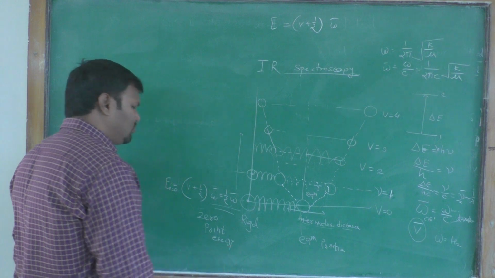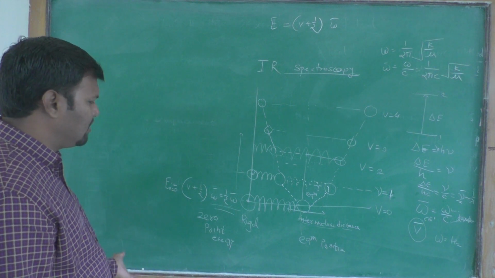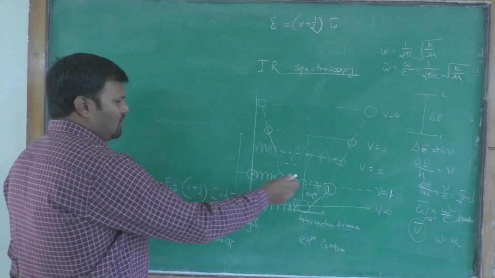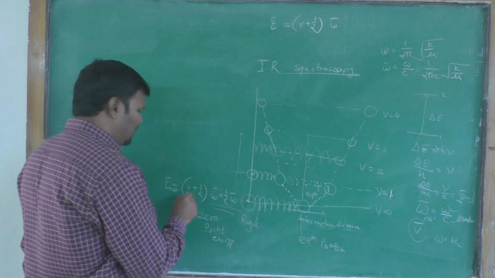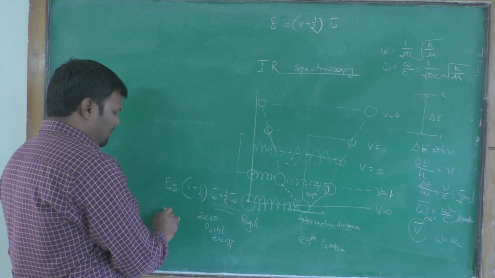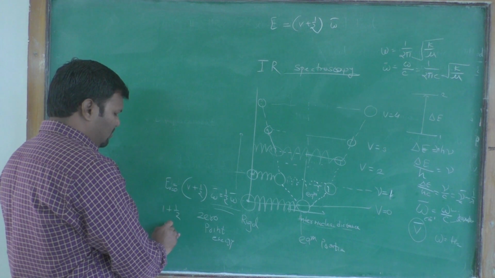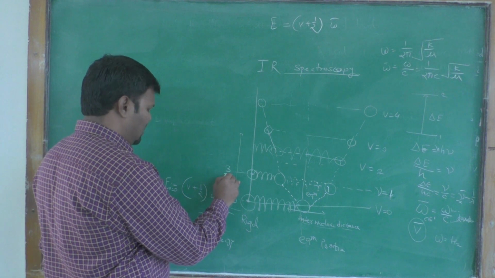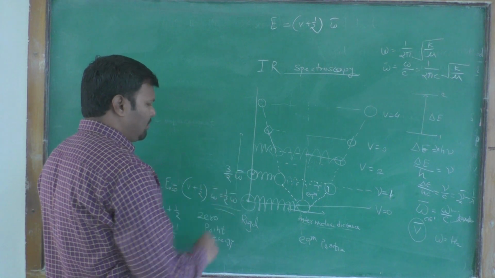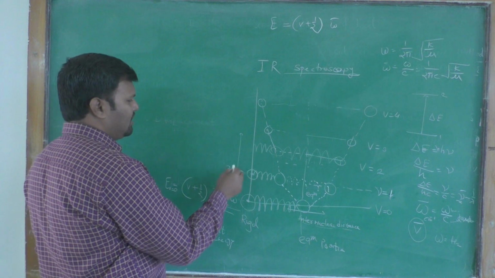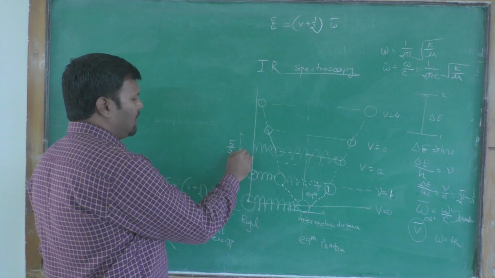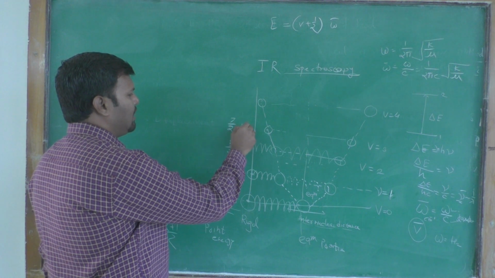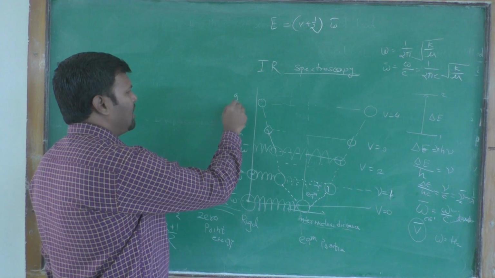When V is 1, it is 1 plus 1/2, so 3/2 omega bar. Then the next levels are 5/2 omega bar, 7/2 omega bar, and 9/2 omega bar.